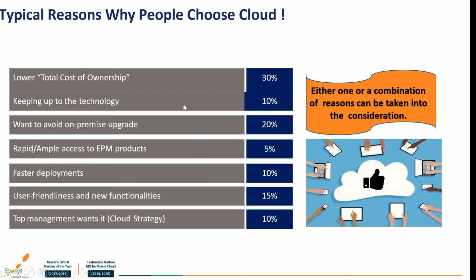The next one was keeping up with the technology. A lot of organizations have observed that the best way of staying up to the mark with what's happening across the globe, or having a product that offers the latest features, is to move to cloud, because of the way Oracle does the monthly upgrades, and since they are not charged, that's basically the best way of staying updated with respect to any new feature that comes in.